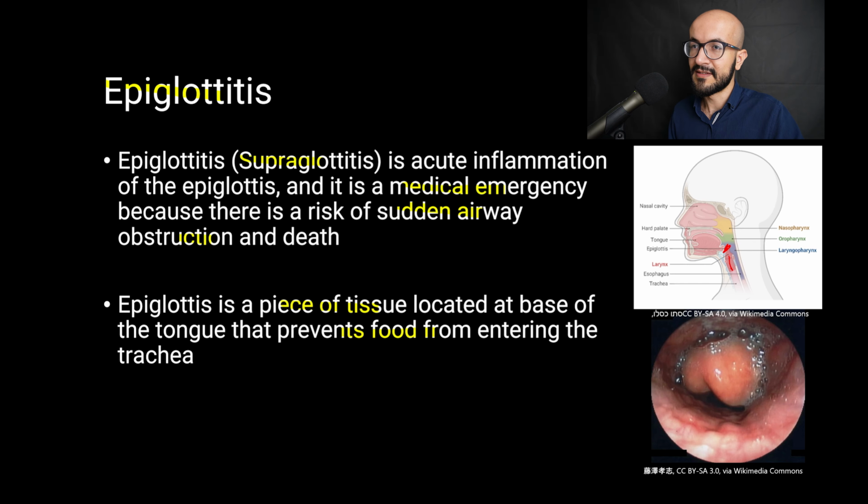And in epiglottitis, the epiglottis becomes inflamed, larger in size, edematous, and it might block the trachea here, and it might lead to airway obstruction. So it is a medical emergency. And in the second picture here, we have an endoscopic picture showing an inflamed epiglottis.